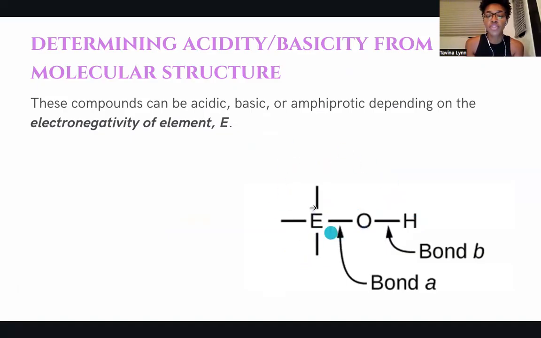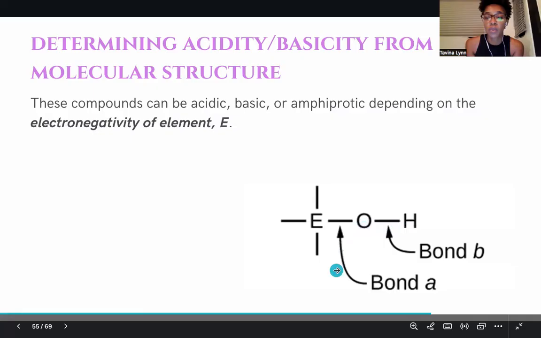So if we have this general structure, these compounds could be acidic, basic, or amphiprotic, depending on the electronegativity of element E. Essentially, you're comparing the electronegativity of element E and oxygen to determine, right, if this bond will break or if this bond between oxygen and hydrogen will break.